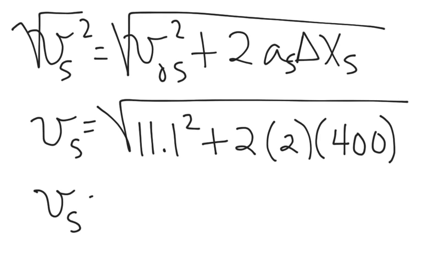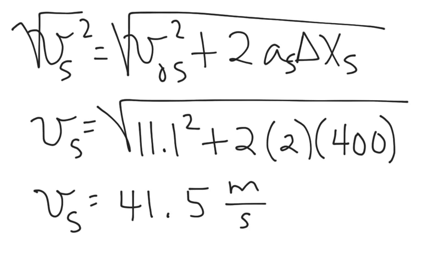So that final speed of Superman when he overcomes the train, well, I don't have that value right now, but with the magic of calculators, let's get that. I have 41.5 meters per second.